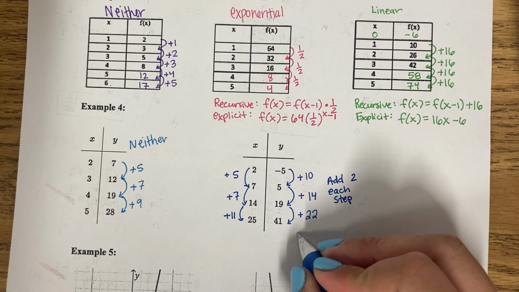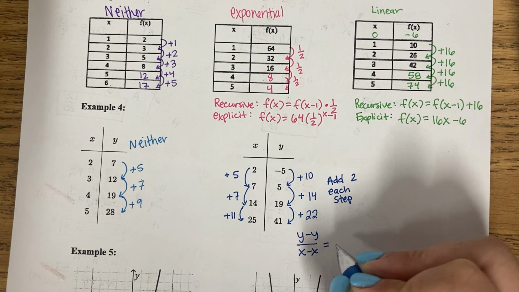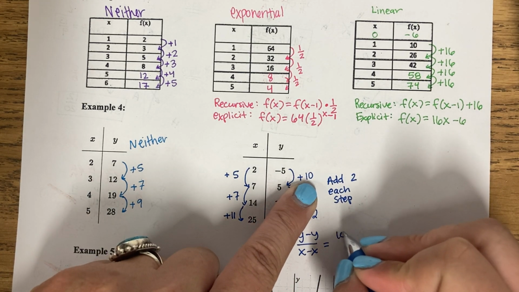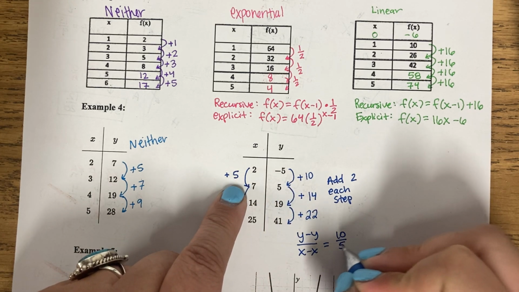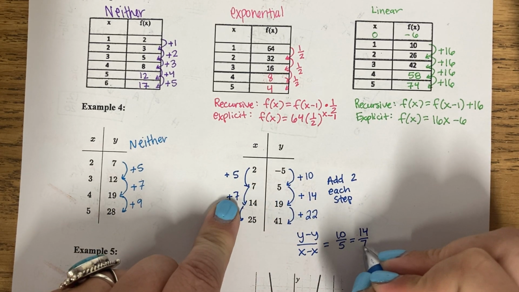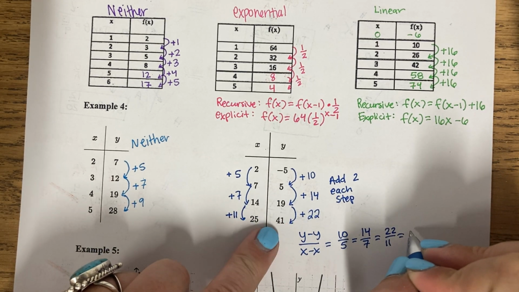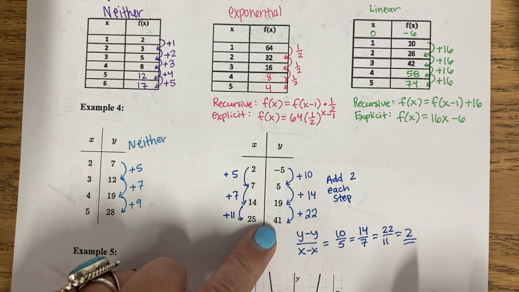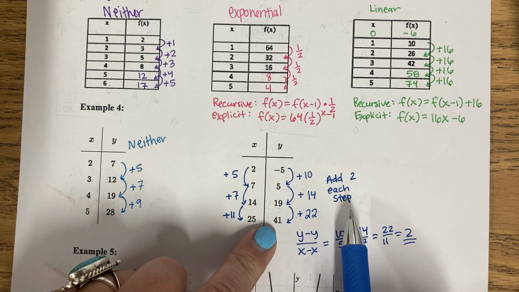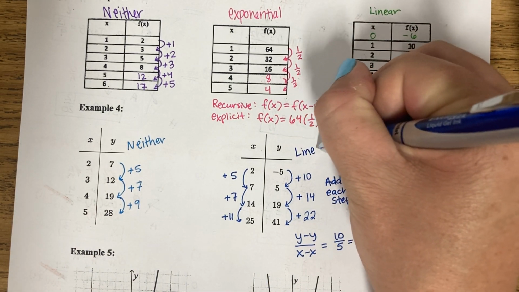The reason I know this is slope is y minus y over x minus x. So if I do y over x, it's the same as the 14 over, they all equal 2. So they all have the same slope each time. And because it's adding, it would be linear.